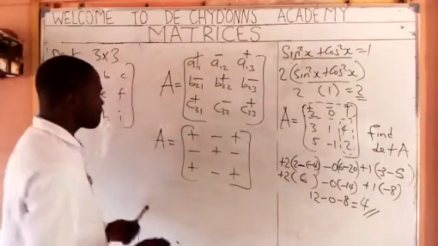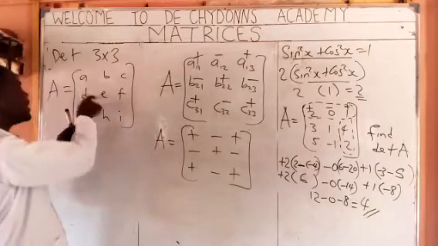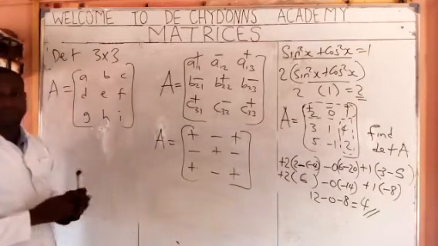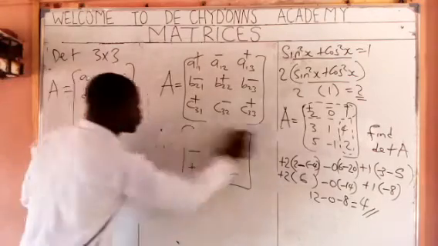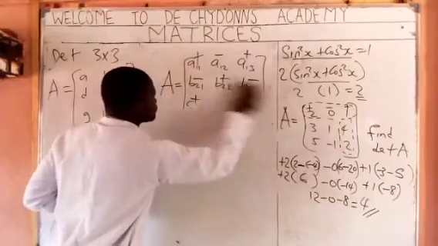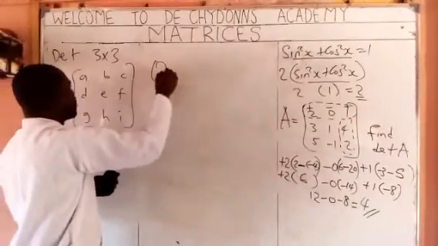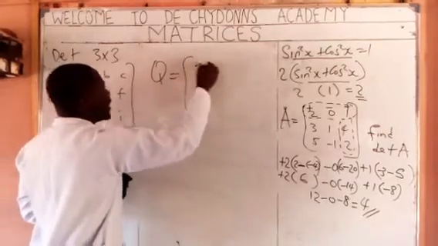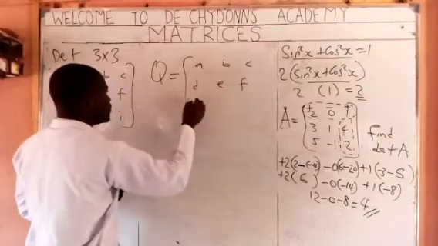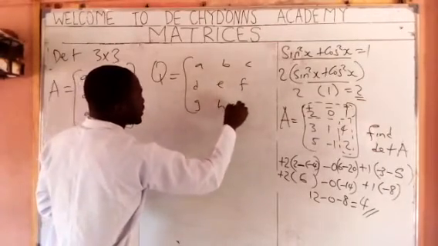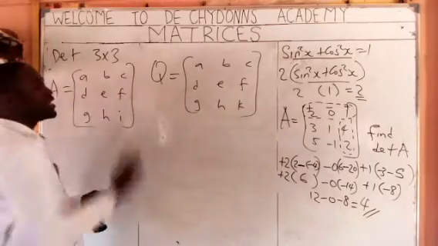What if they say find the determinant of this matrix? Given matrix Q equals A, B, C, D, E, F, G, H, K. Then they say find the determinant.